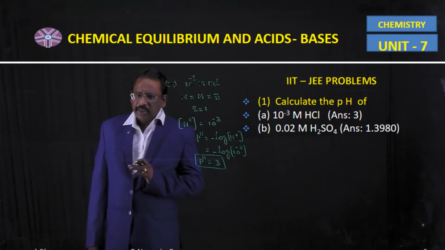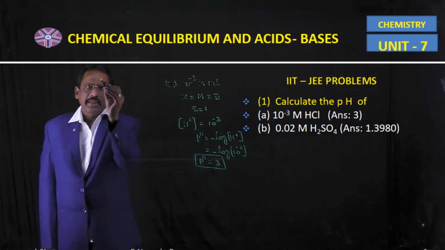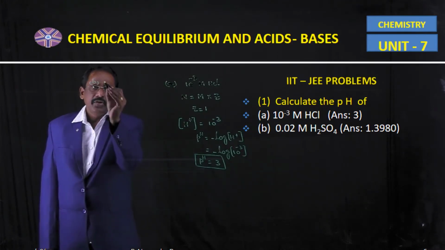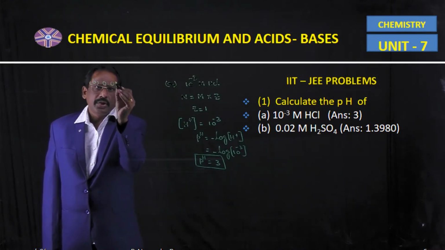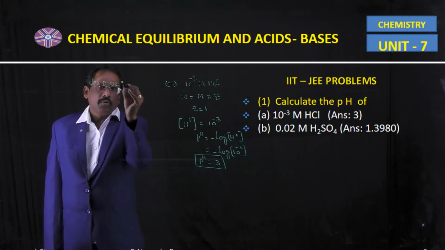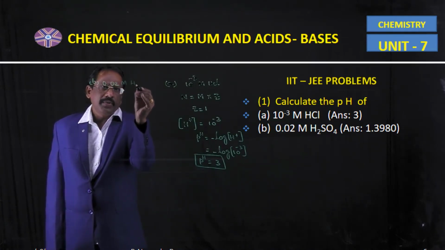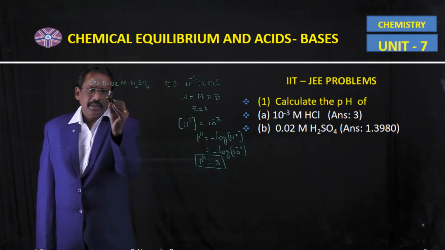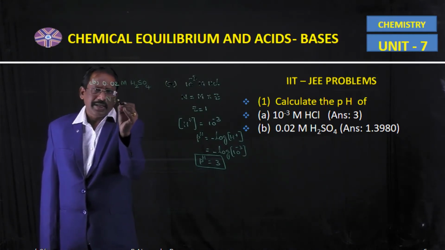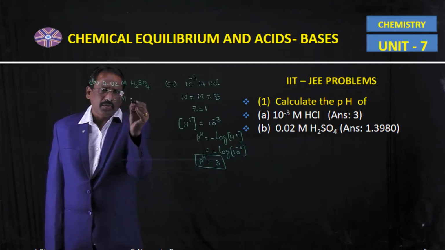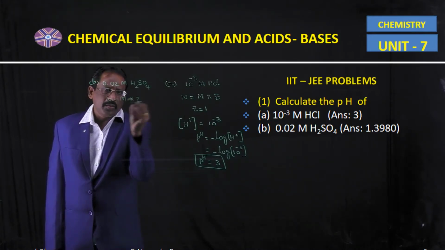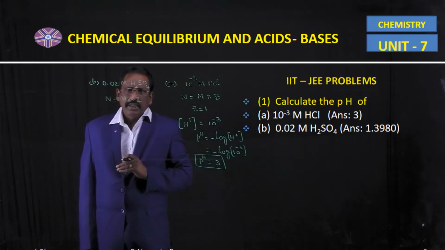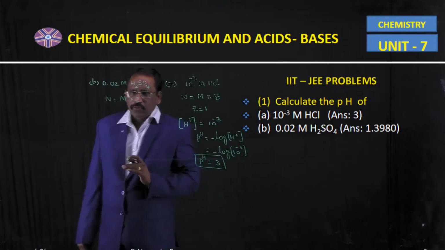And the second one is: calculate the pH of 0.02 molar sulfuric acid solution. Here, the normality of sulfuric acid solution is equal to molarity into 2, because for this acid basicity is equal to 2.